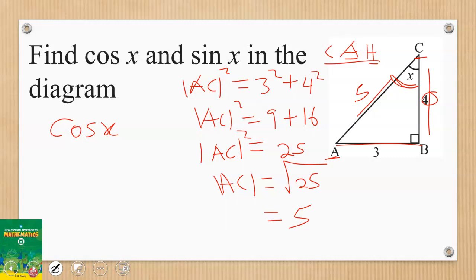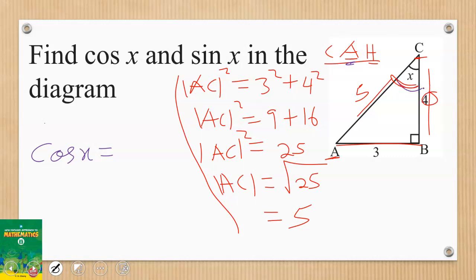For that matter, our cos x will be, we say CAH, adjacent of the angle x is 4 over the hypotenuse 5, and that is in the lowest form, so that becomes the answer.